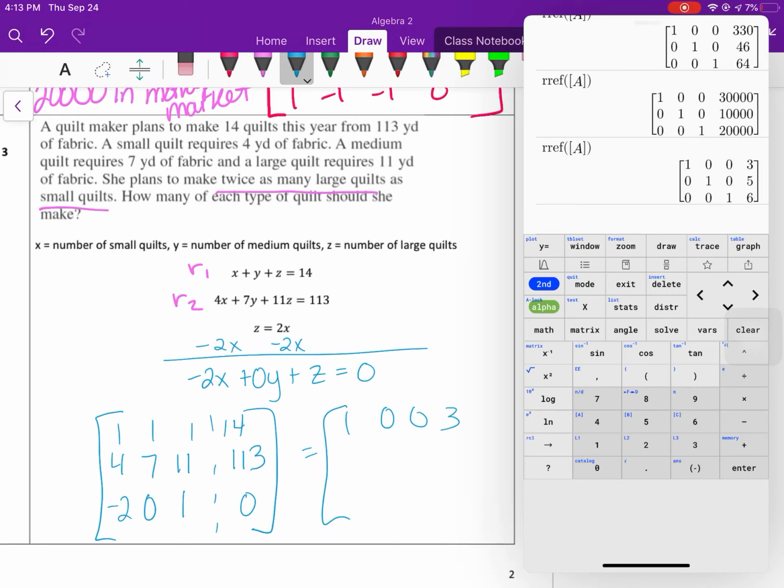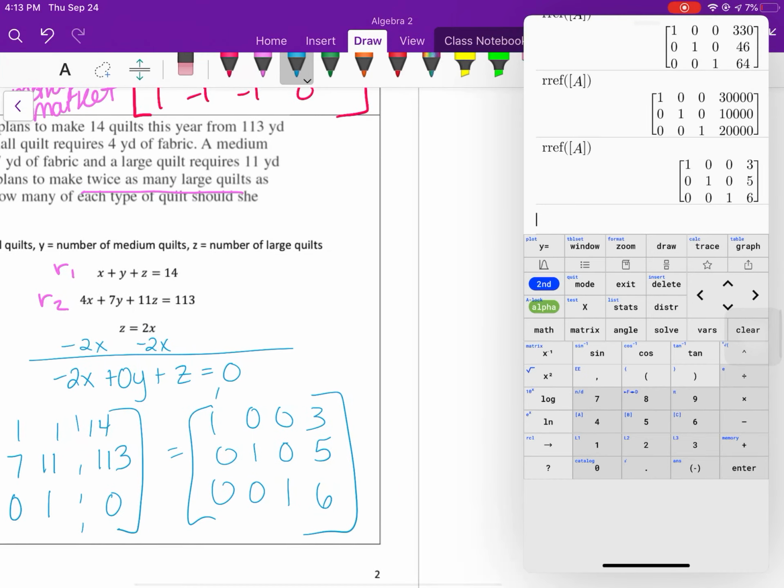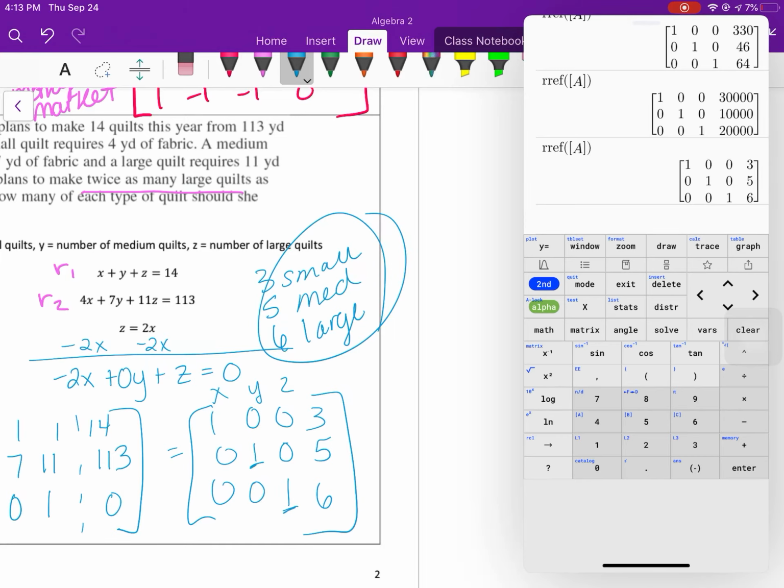So that leaves me with this matrix: 1, 0, 0, 3, 0, 1, 0, 5, 0, 0, 1, 6. So if X, Y, Z, so X is 3 small quilts, the Y is 5 medium quilts, and then Z is 6 large quilts.